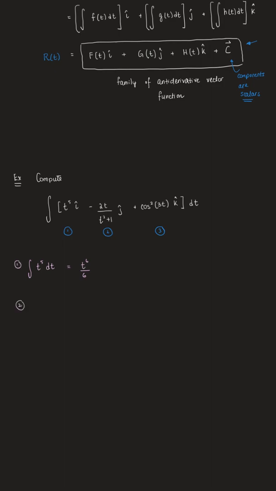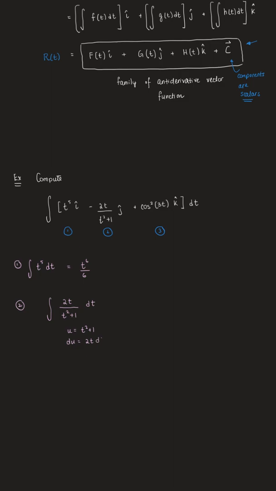For number 2, the integral of 2t over t squared plus 1 dt is our second component. Here we can do a u substitution. We can let u be the denominator t squared plus 1. Then du will be 2t dt.